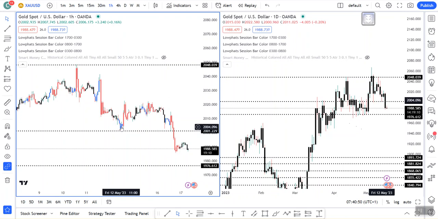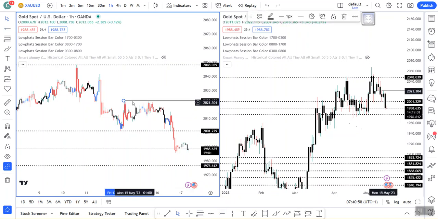Then we can look at this zone where the market could not get beyond and it begins to reverse. The market moved here, couldn't get beyond here, and it came down, went there again and came down, went there again and came down.